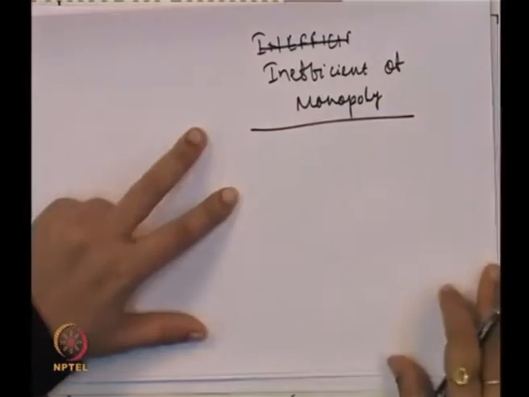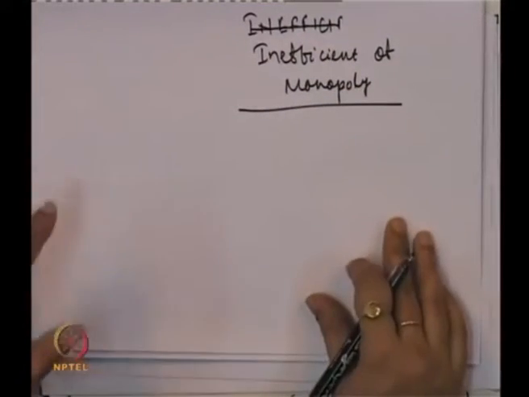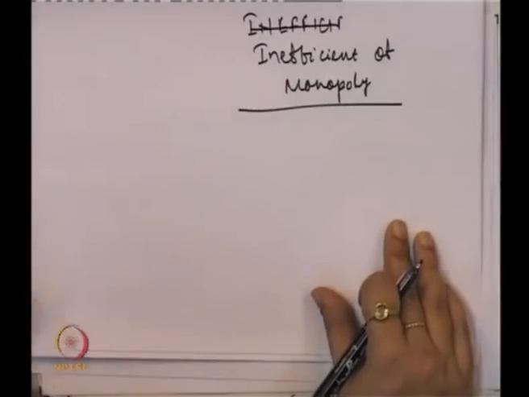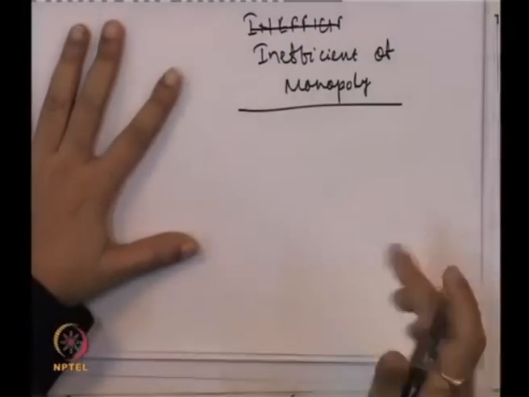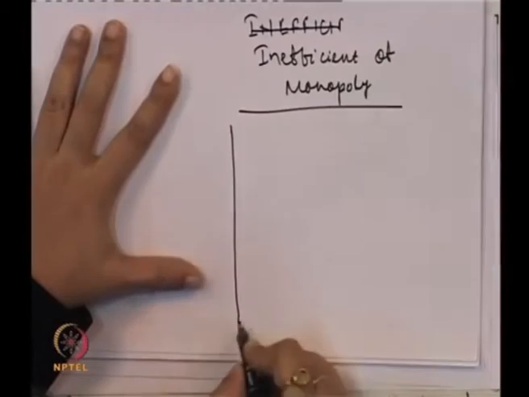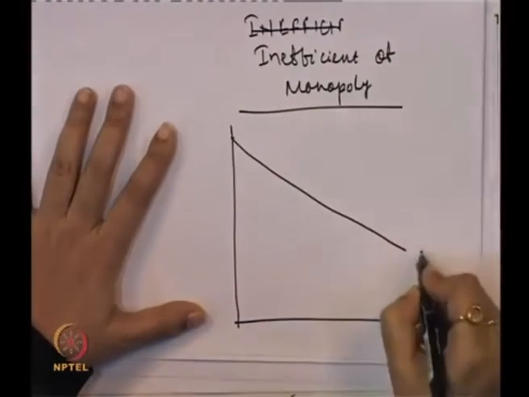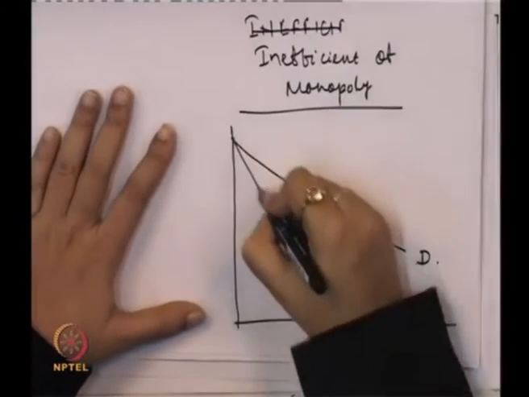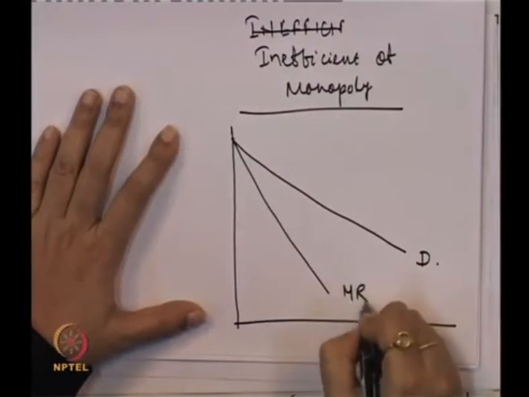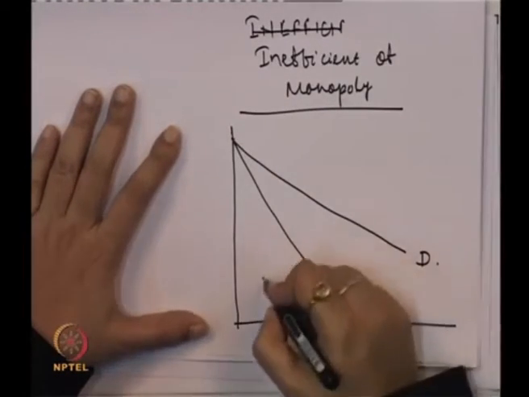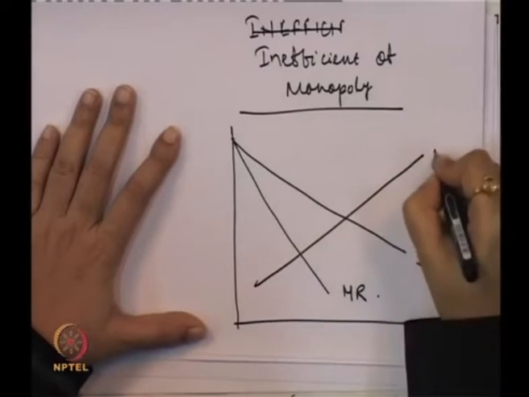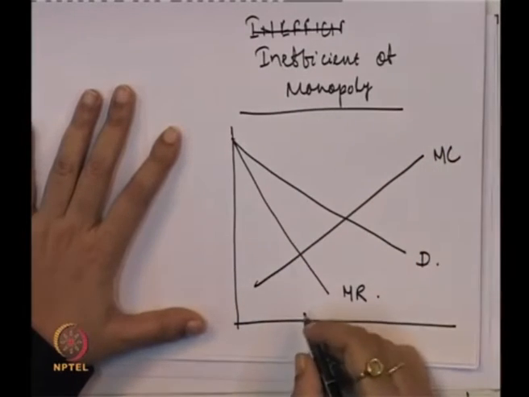And how will we find out this inefficiency of the monopoly output? Again we will take the help of the demand curve and the MC curve. This is our demand curve, this is our marginal revenue curve, this is the marginal cost curve.